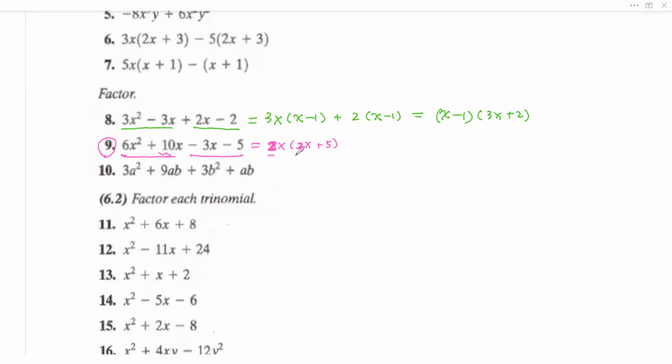So take x out, the rest is 3x plus 5. And the second part, 3x plus 5. So you can see 3x plus 5 is the common group factor. Take the group factor in front first, and then the rest.